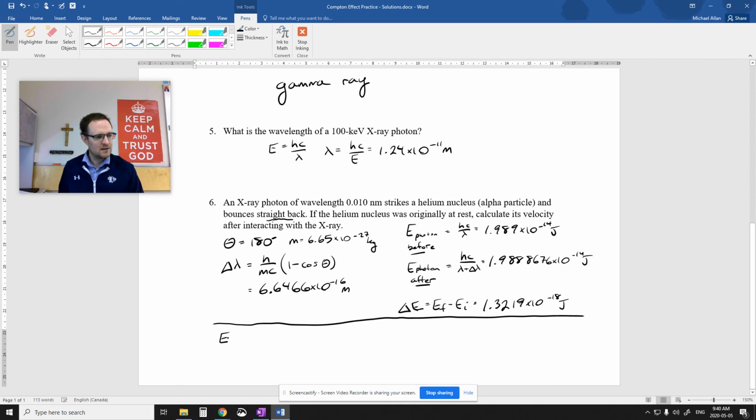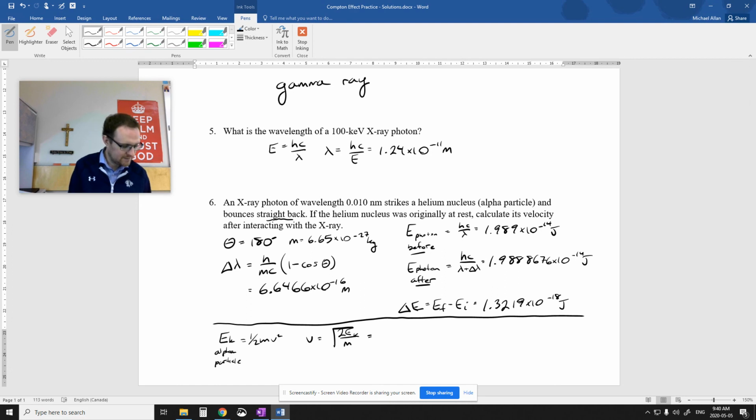Okay. So the EK of the alpha particle now is equal to 1/2 mv squared. So the velocity is going to be 2 times the EK divided by its mass, all square rooted. So 2 times this number that we just have here, divided by the mass.